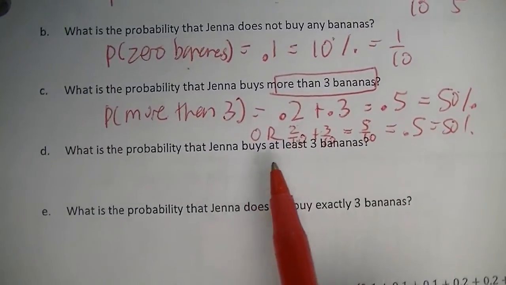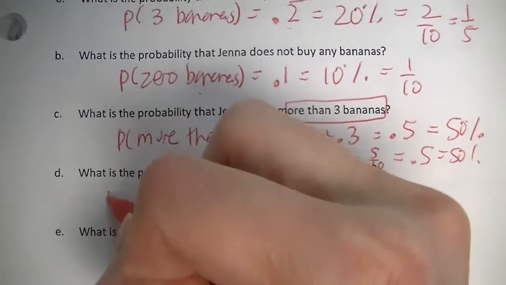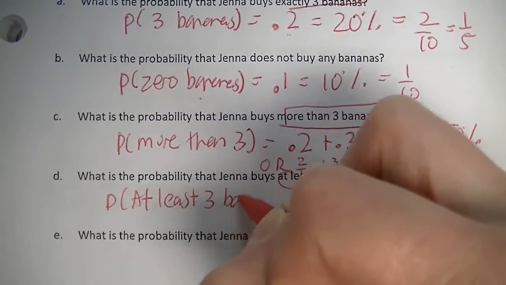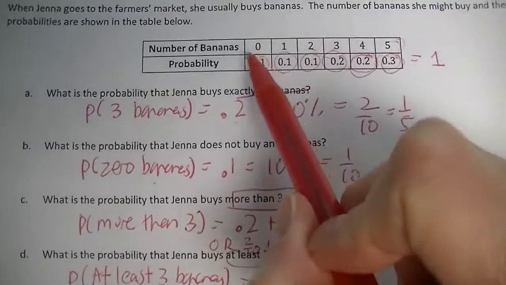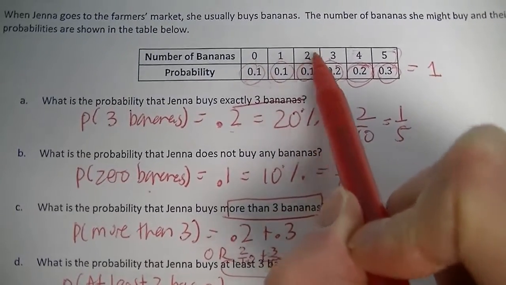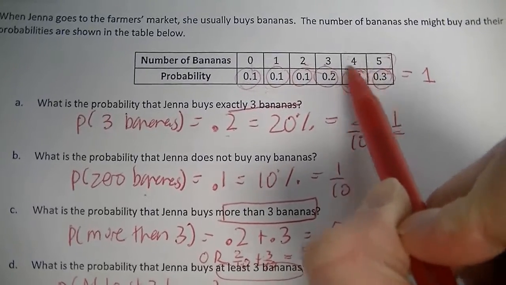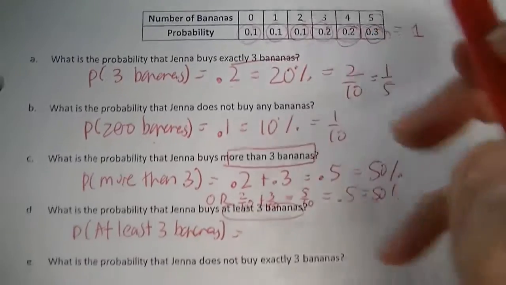All right, what's the probability that Jenna buys at least 3 bananas? Again, I'm going to talk to my paper. Are you at least 3 bananas? Nope. Nope. Nope. Yep. Yep. So we have to add 2/10 plus 2/10 plus 3/10.